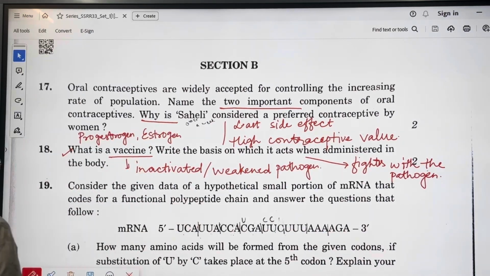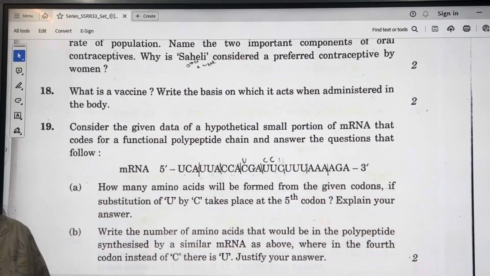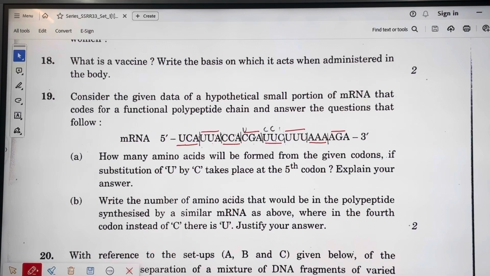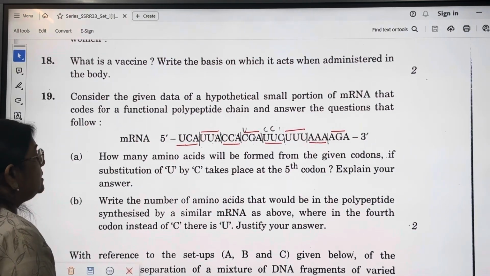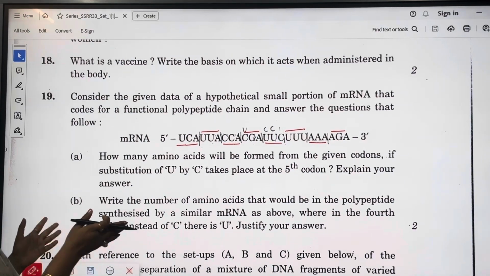Consider the given data of a hypothetical small portion of mRNA that codes for a functional polypeptide chain and answer the questions that follow. Very interesting question. So in question number 19, the polypeptide chain consists of a number of amino acids.